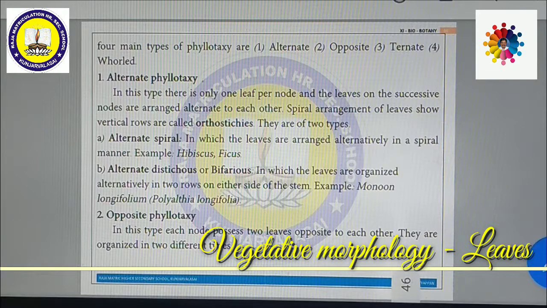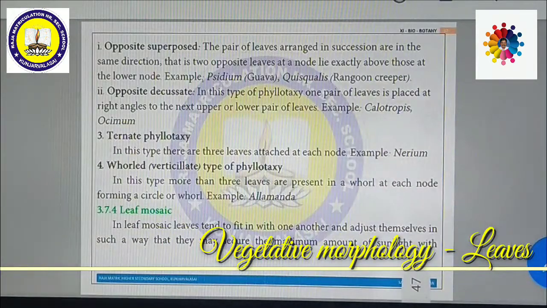In this type, each node possesses two leaves opposite to each other. They are organized into two different types, namely opposite superposed and opposite decussate. In opposite superposed, the pairs of leaves are arranged in succession or in the same direction. That is, two opposite leaves at a node lie exactly above those at the lower node.